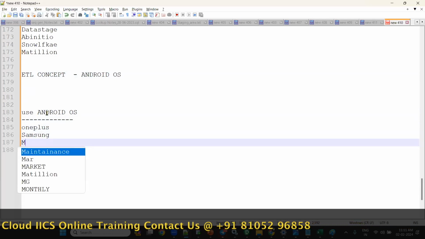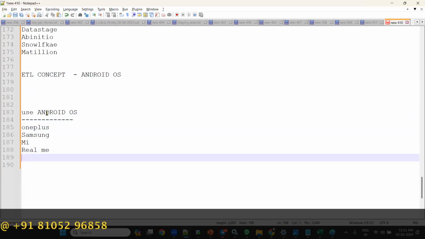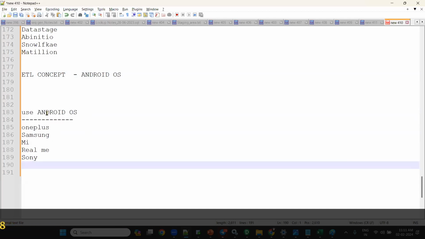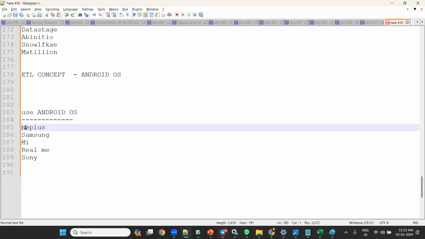I can use MI also, Realme also, Sony also. Correct, guys? If I want to use Android, I can use it on any mobile I want. Android is a concept.